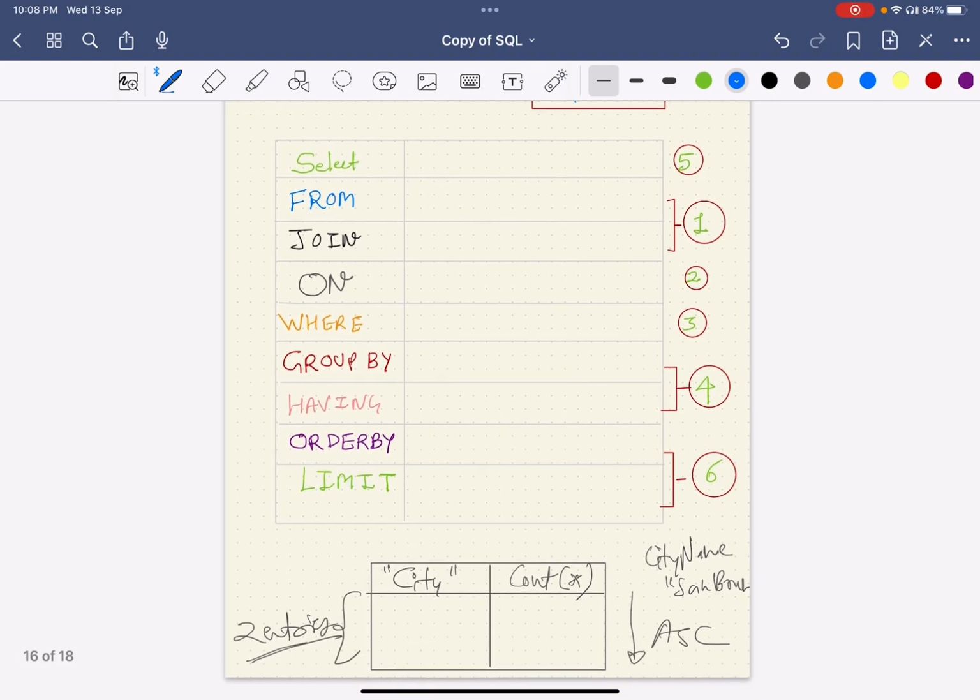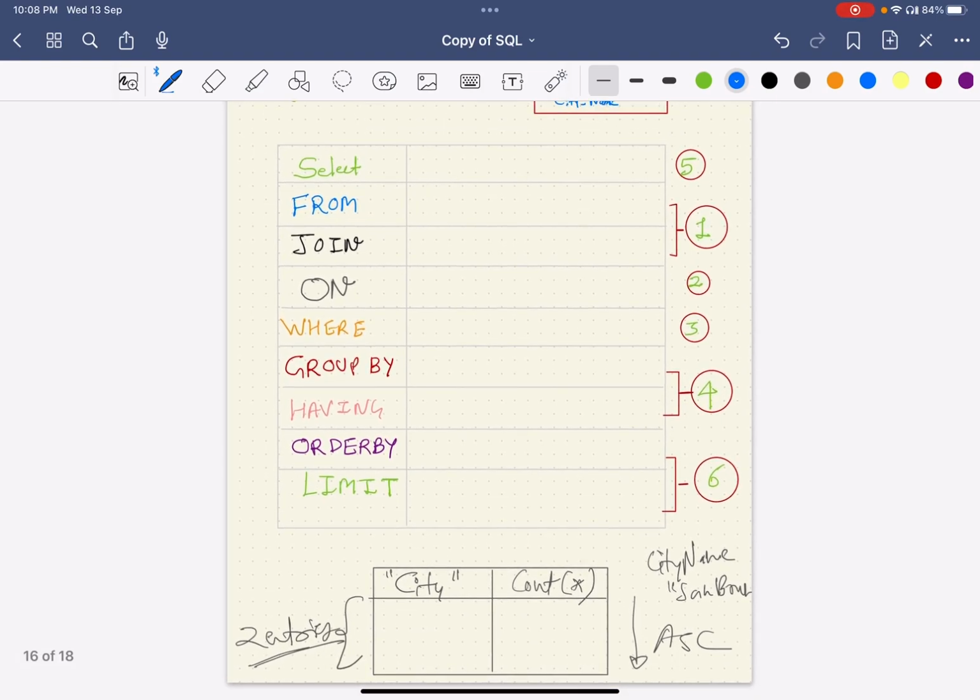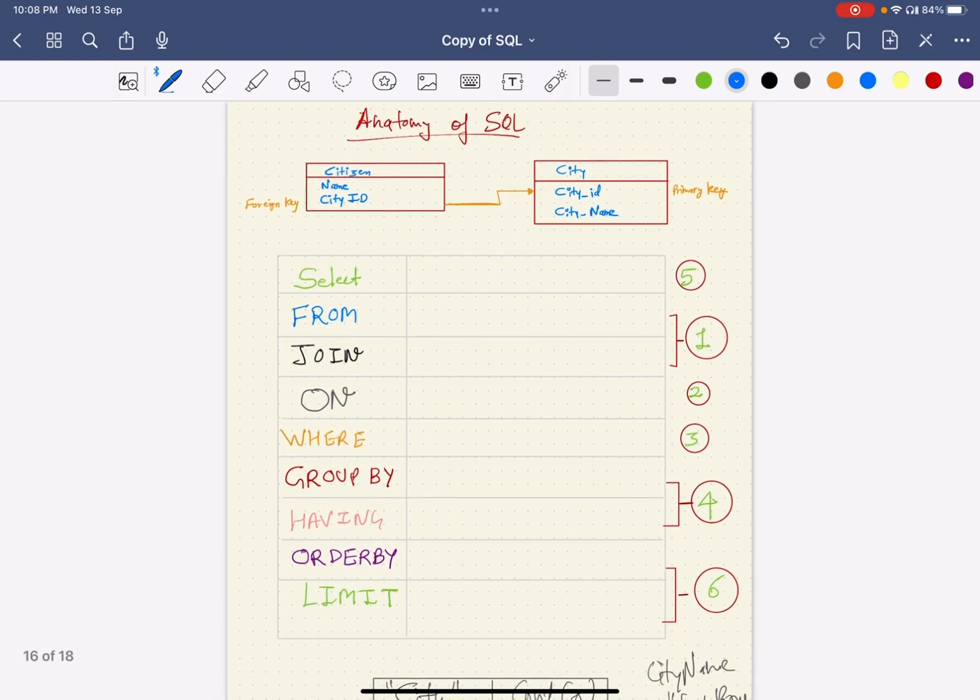The first part is that we need to return city, which is the city name, and the count of city. So first we have to write what we want to select. We want to select city name as city, and between the two we use a comma. We need to return the count of city, right?